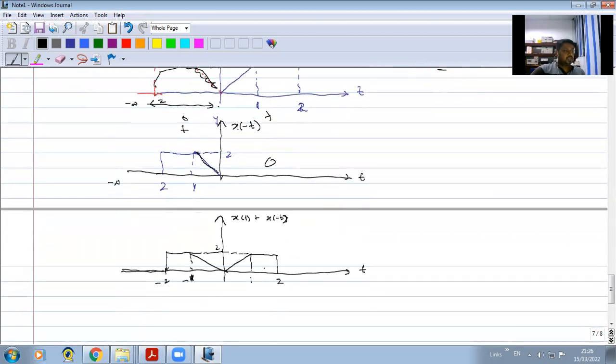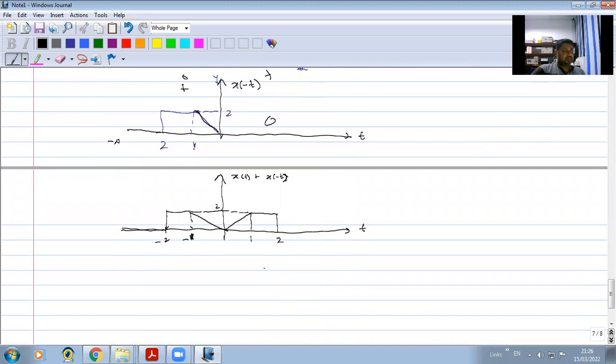Now this is not the even part. To find the even part, you have to divide this by 2. So if I divide 2 by 2, you will get 1, up to here you will get 1, and this value also will be half. That means you will get this kind of section.